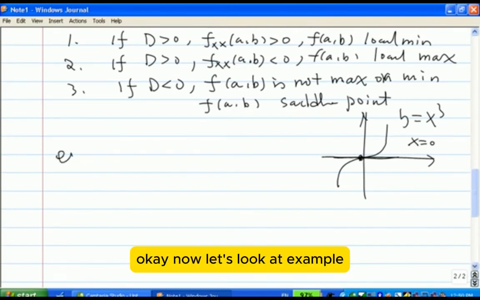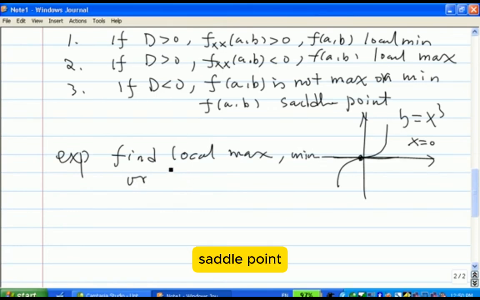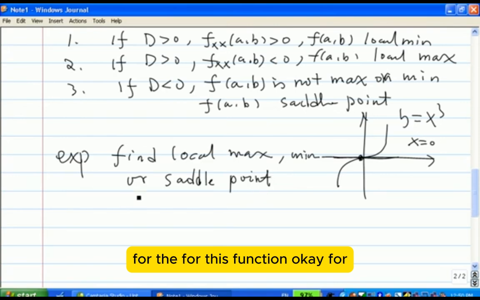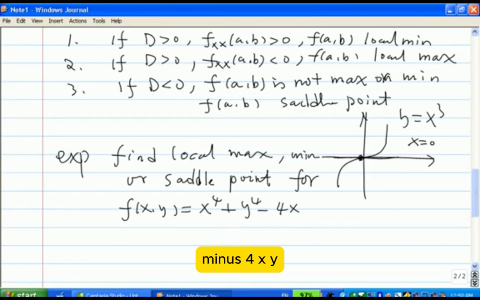Okay, now let's look at an example. Now we want to find the local maximum, minimum, or saddle point for this function: f(x,y) equals x to the fourth plus y to the fourth minus 4xy plus 1.